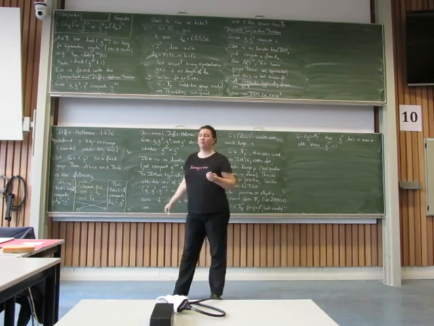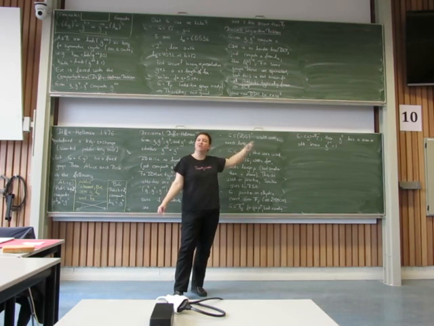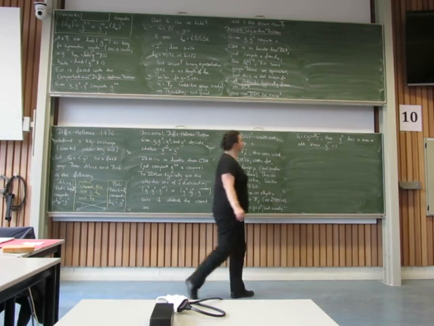We know this for any element from F_p, but because it's a generator, we also know that p minus 1 is the smallest exponent for which this holds.